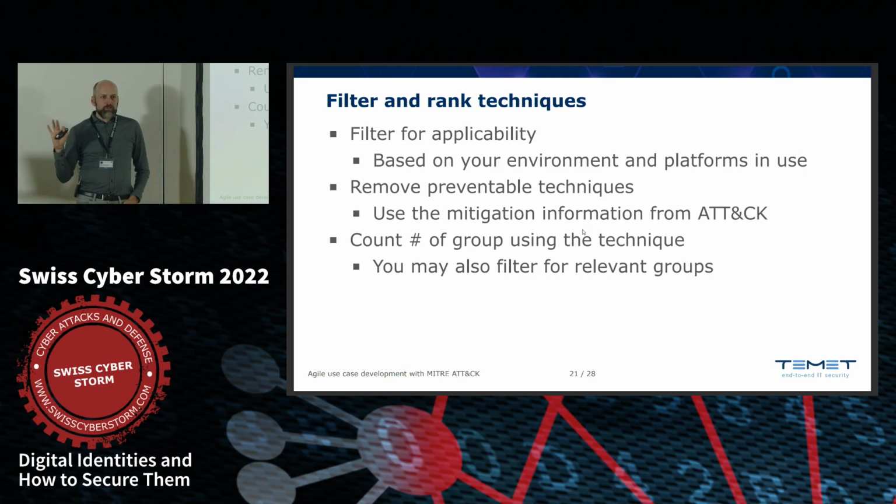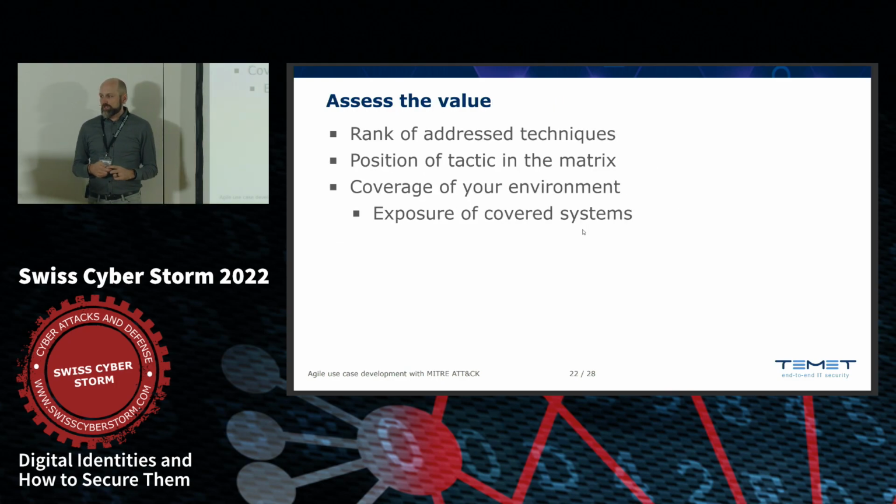You can also filter the groups in this step and look at which groups are more relevant for us than others. For example, are they actually active in Switzerland or in the areas my company is operating? Or are they sector focused, and are they relevant for my sector? So this is information you can use as well. This is not always black and white, and it's not a fully mechanical, calculable process. You have to put in some brainpower, but at least it gives you some direction in this process.